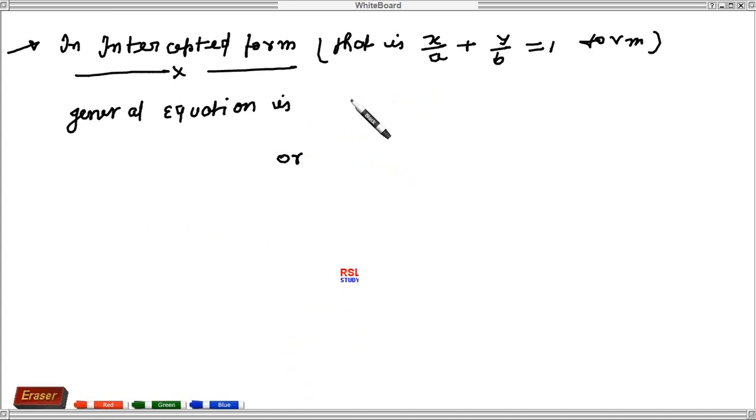The general equation is ax plus by plus c, and we have to convert it into this form, which is called intercept form. We read this equation in our previous video.